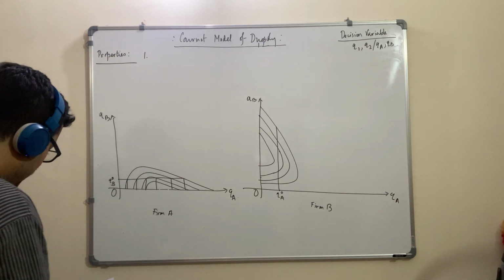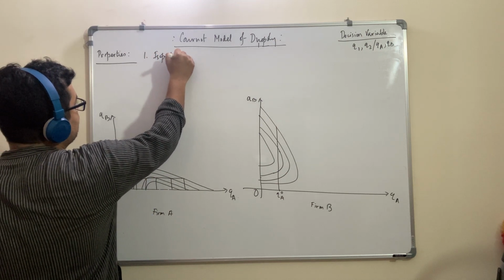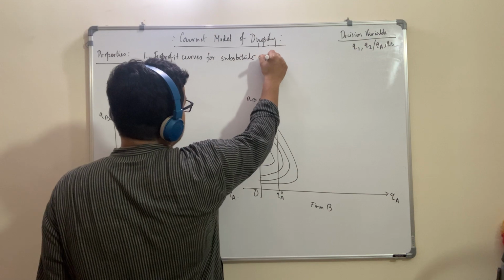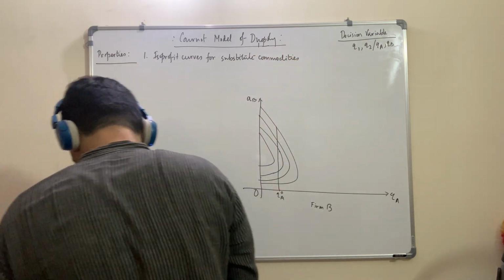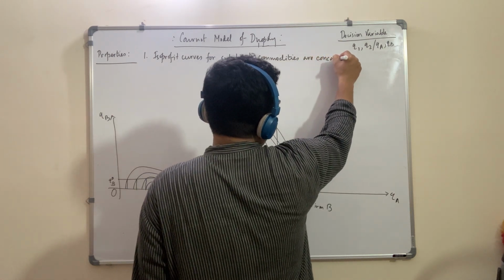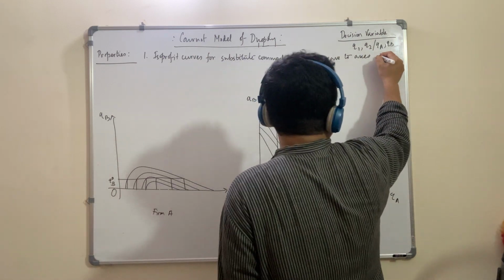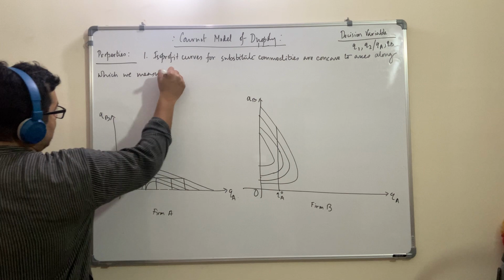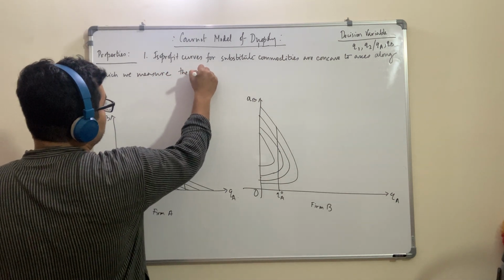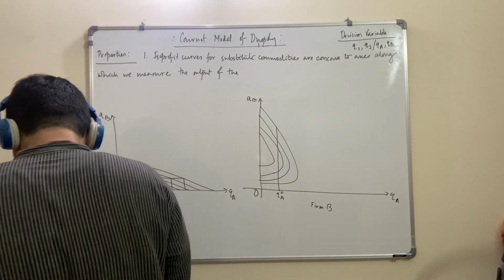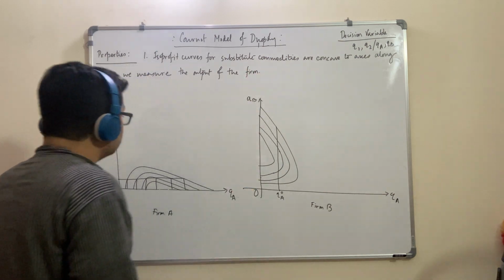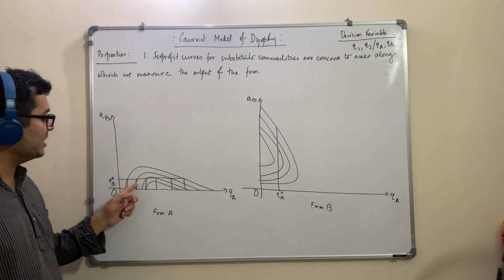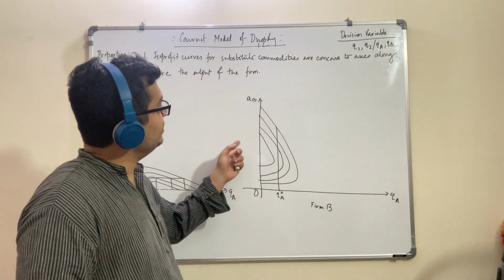Number one, isoprofit curves for substitute commodities are concave to the axis along which we measure the output of the firm. So for firm A, his isoprofit curve is concave to A's axis, that is QA, and for B it is concave to QB.